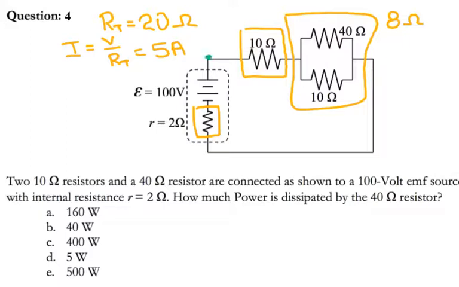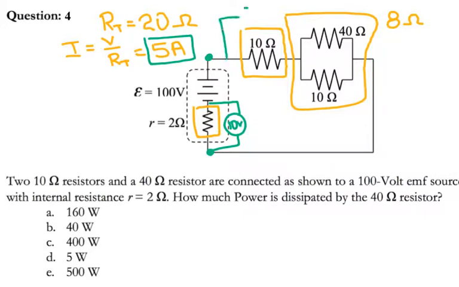Then I can calculate the voltage dropped on every single element. The voltage dropped inside of the battery before it even leaves the battery is the current times the internal resistance, which is 10 volt.